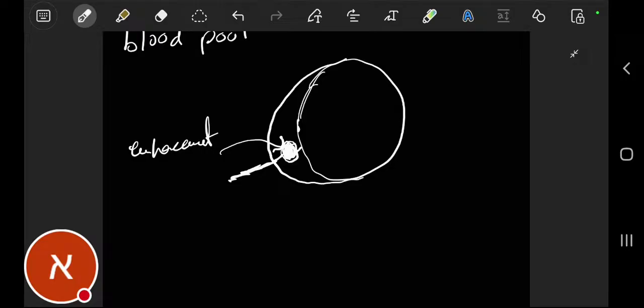There is some focal enhancement on the intramural hematoma. The intramural hematoma is right over here. This is the blood pool. Again, its prognostic factor is not really known.